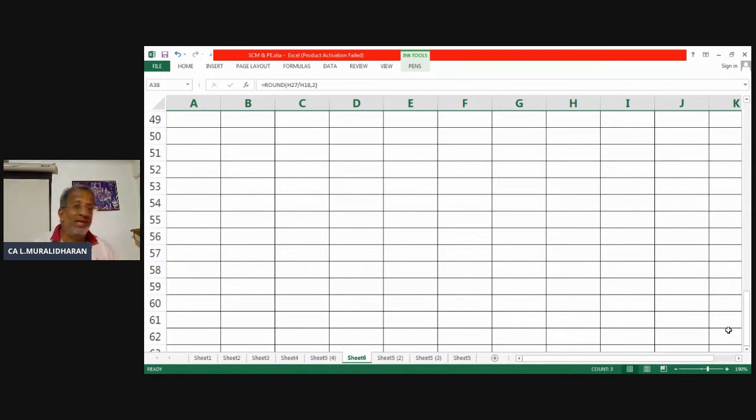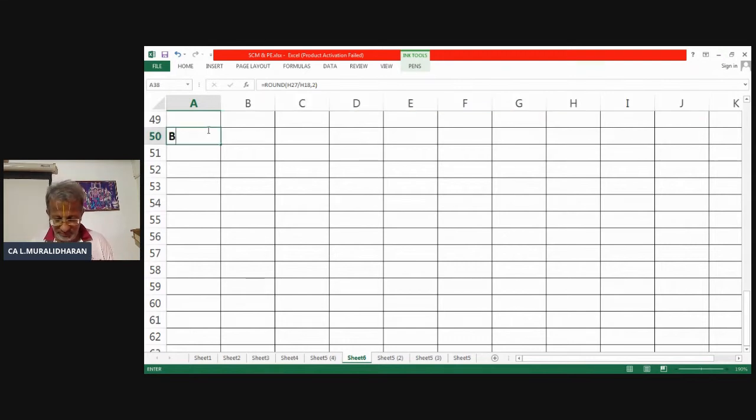Instead of finding out the actual rate, here the budgeted rate is given in the previous page, and that should be multiplied by the expected consumption of cost driver quantity, and that's the way the budgeted cost is to be arrived at. Budgeted cost can be arrived at based on that.